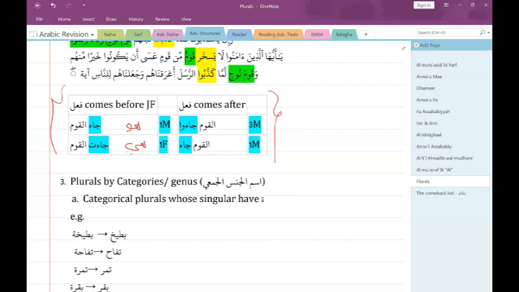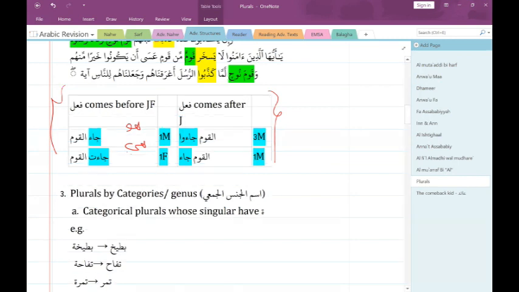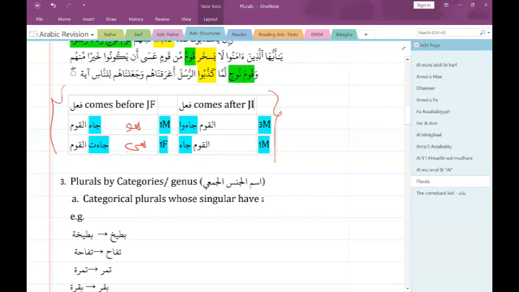But if the فعل comes after, in other words, we are looking at a جملة اسمية, most likely. Again, جملة اسمية is a bit tricky. So if we're looking at a جملة اسمية, then there are two possibilities as well. Either it's going to be the home version, or it's going to be the huwa version.